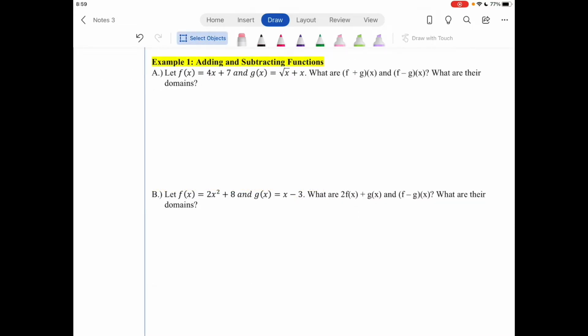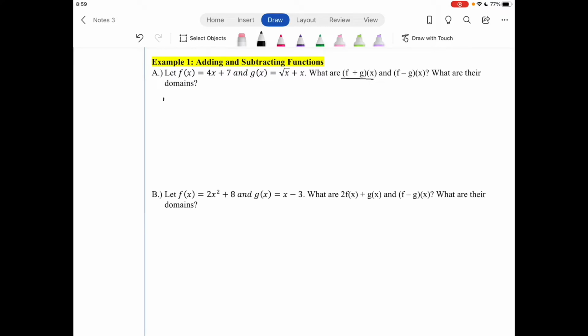The only difference is that we have to make sure we only combine the like terms. First, we want to know what is f plus g of x. Now remember, this notation just means that we have a function f of x and g of x. It does not mean that we're multiplying by x. We're just simply adding those two functions together where x is the variable that we're using.